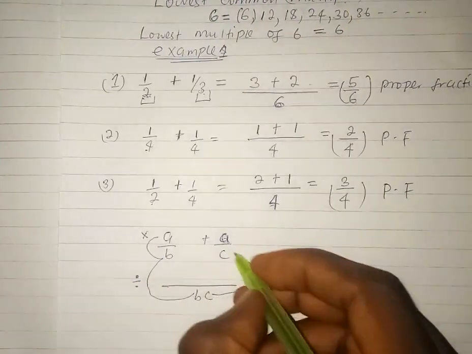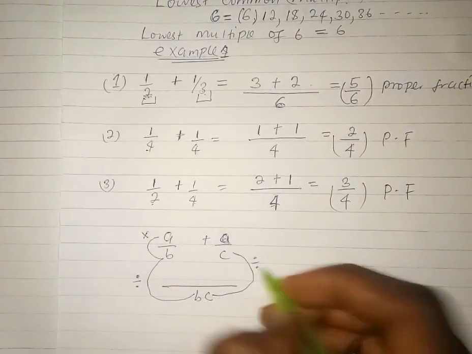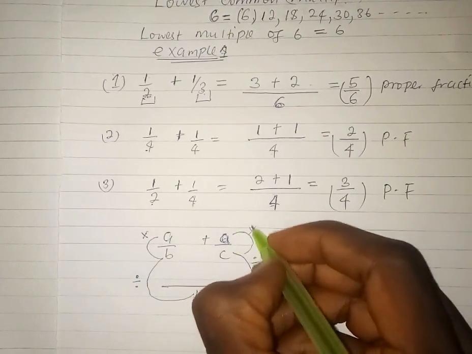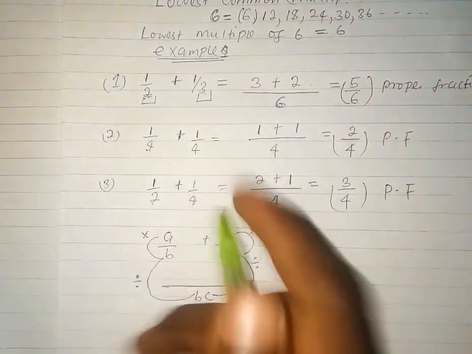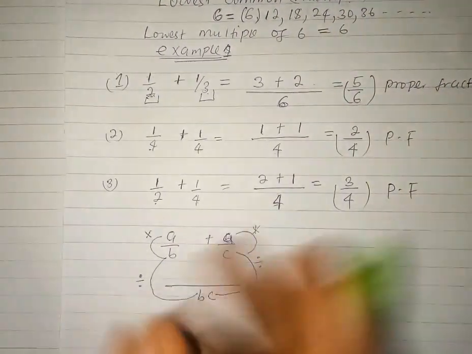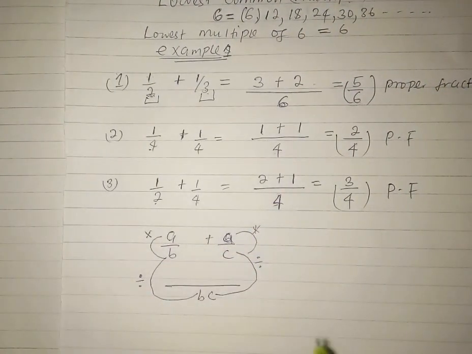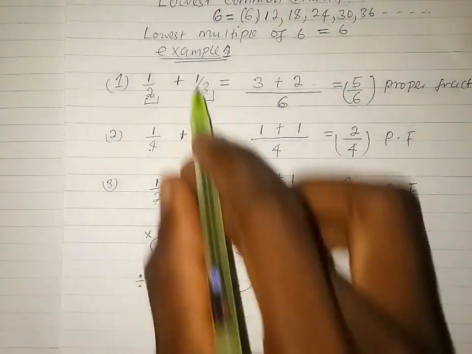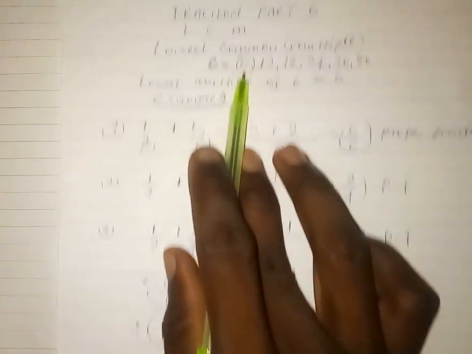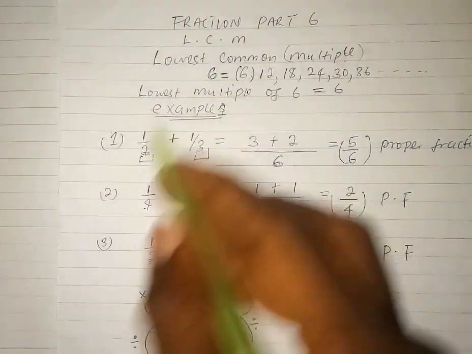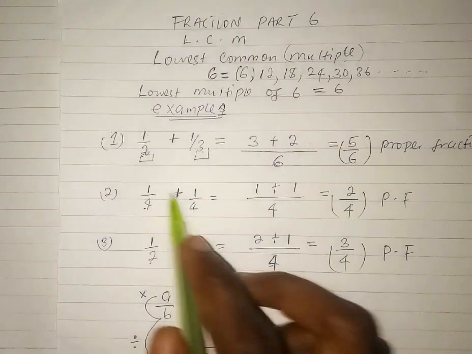Also, you divide this by your denominator, then multiply your answer by your numerator. This is how we find the LCM of any number, and this is very, very important in order to understand how to find the LCM of any number. If you are given a fraction and you want to find the LCM, you are going to follow the steps that I told you.